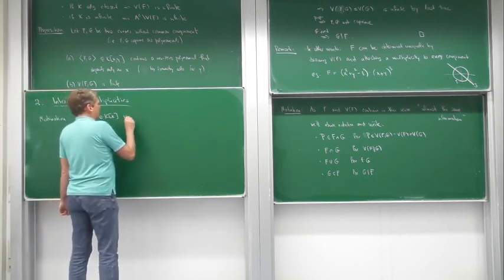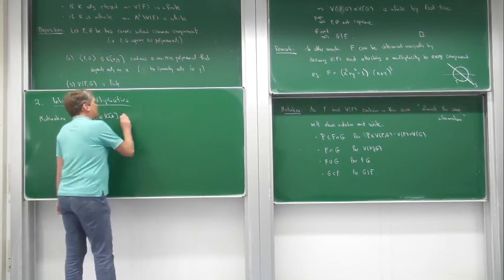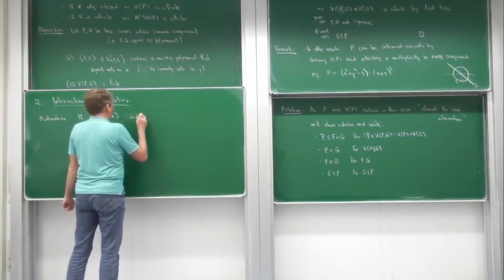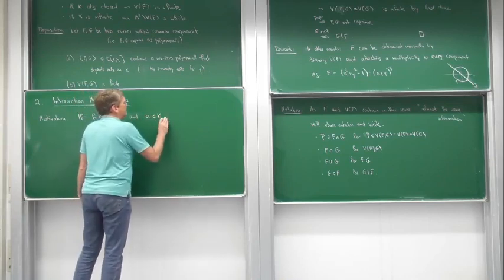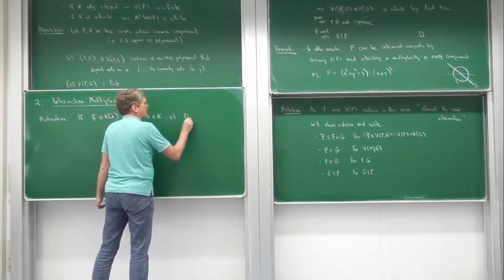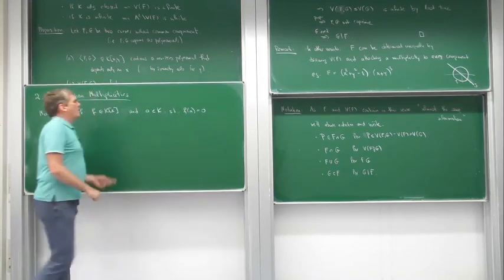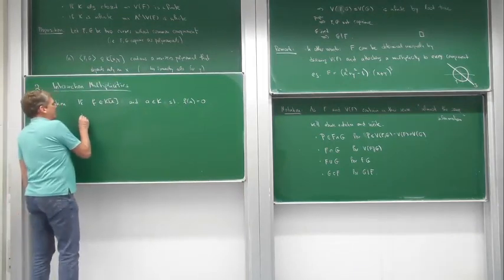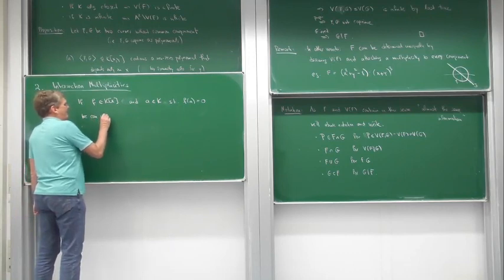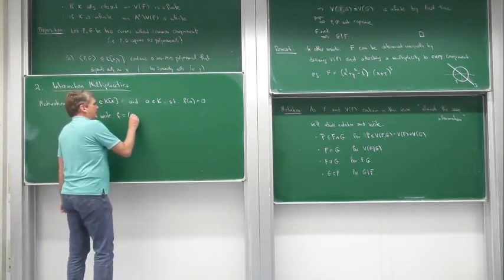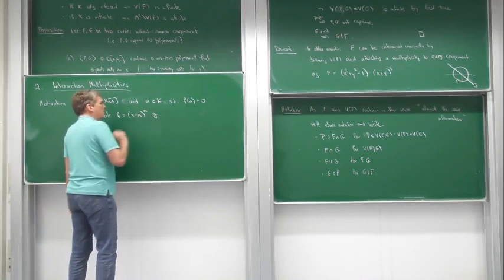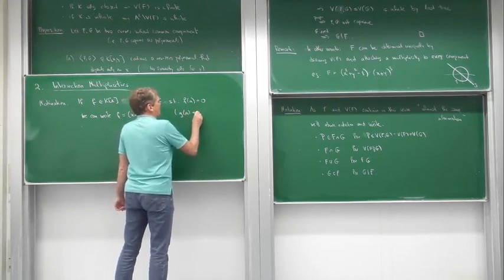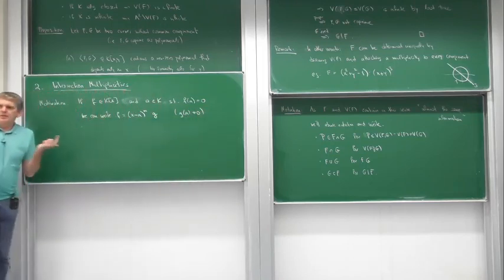Then if we have a zero of that, say any point a in k, such that f of a is 0, then we know that we can factor out x minus a a certain number of times. So we can write f is (x minus a) to the m times some polynomial g, where g does not vanish at a, so g of a is not equal to 0. Then you would call m the multiplicity of the zero a.